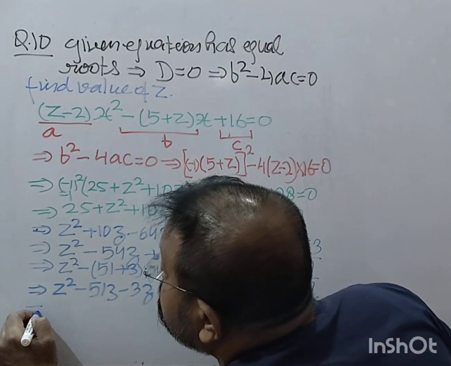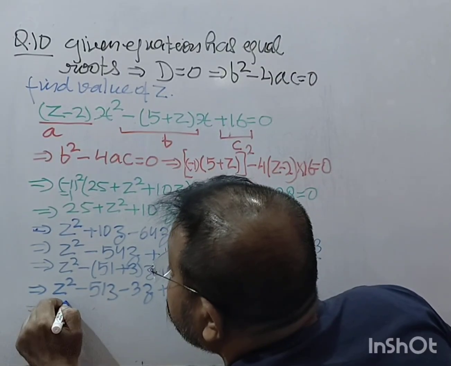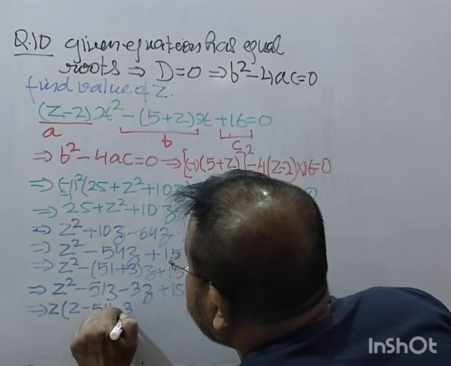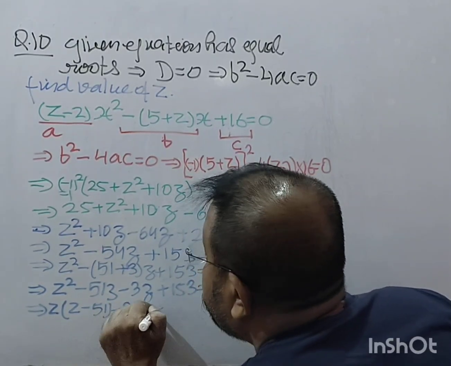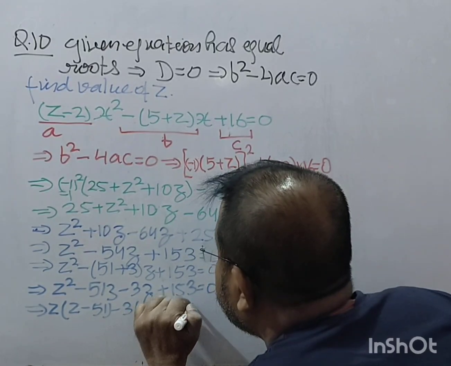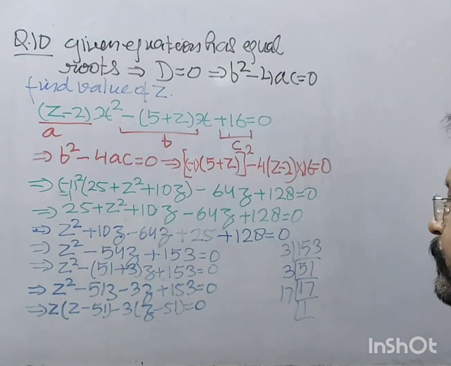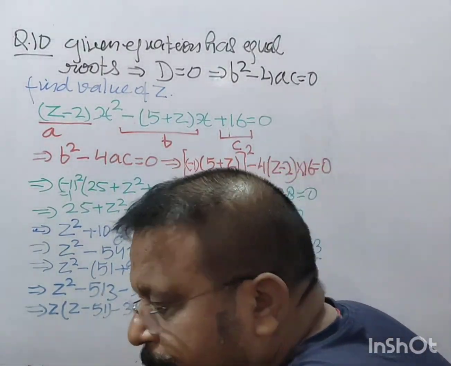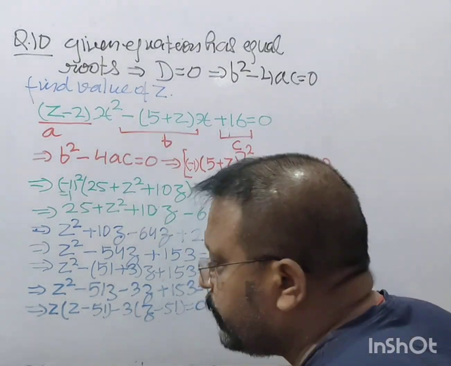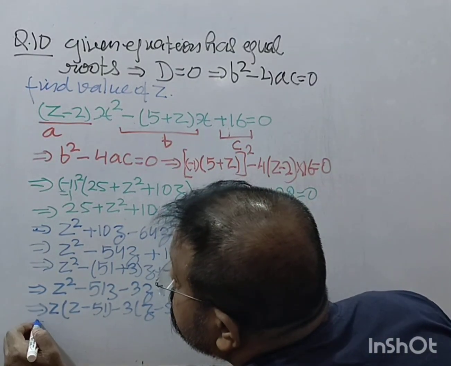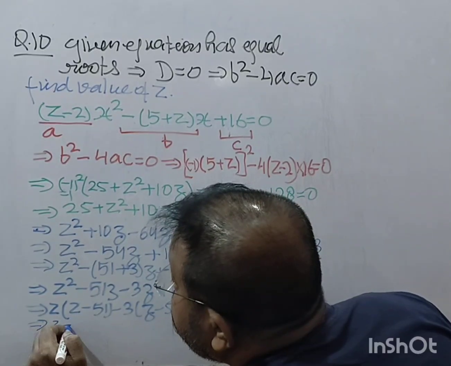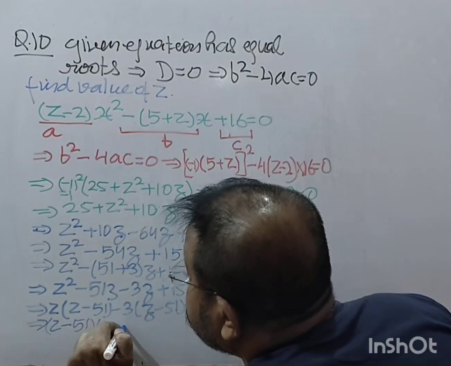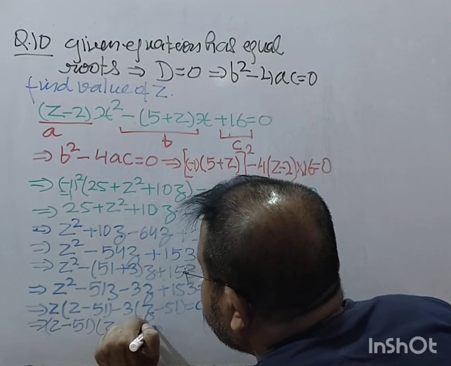So you take z as common: z (z minus 51) minus 3 (z minus 51) is equal to 0. So z minus 51 we have taken as common. You get z minus 3 is equal to 0.